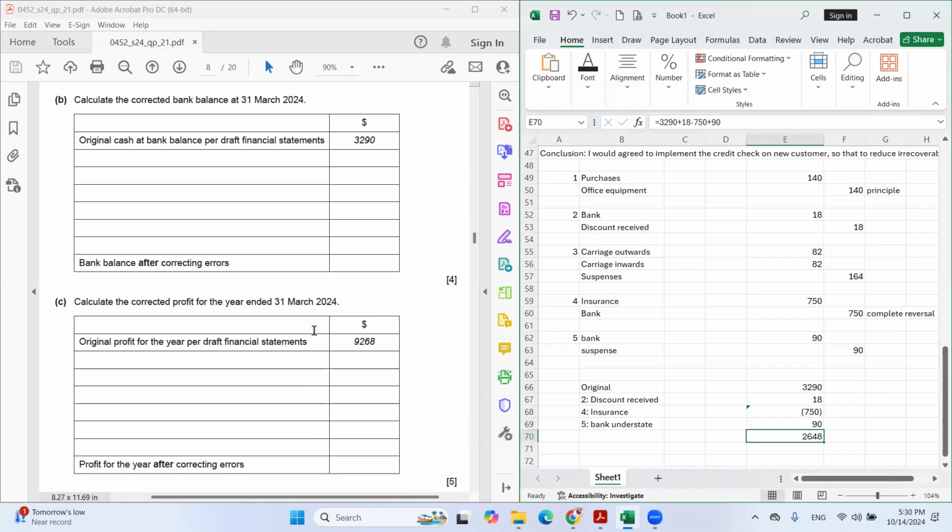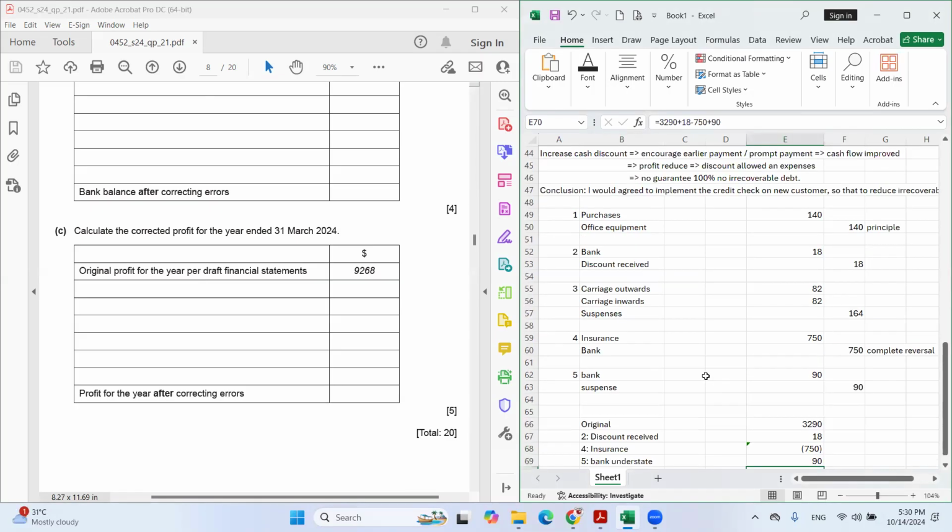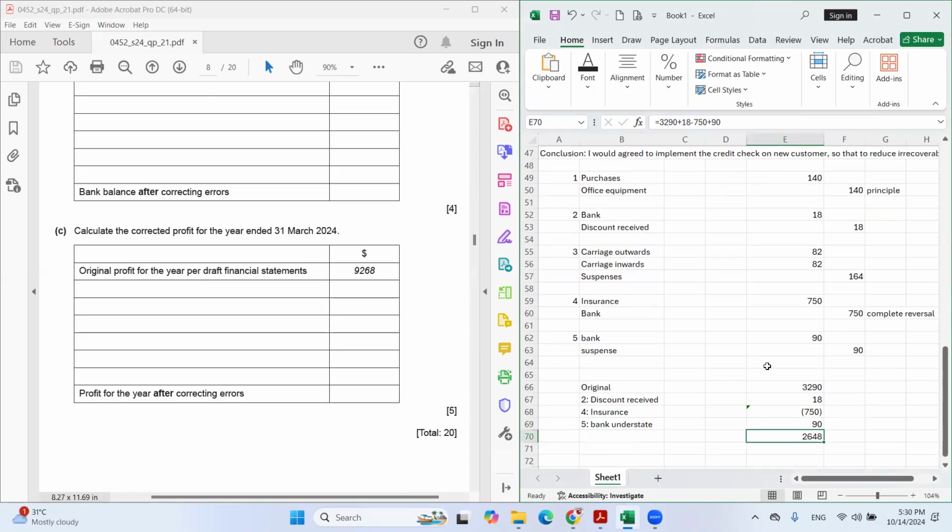Okay. Now next, calculate the corrected profit. Take note that exam questions quite often come out for this, correcting the profit. If the question is talking about correcting the profit, it means you can use the journal format to tackle the question.